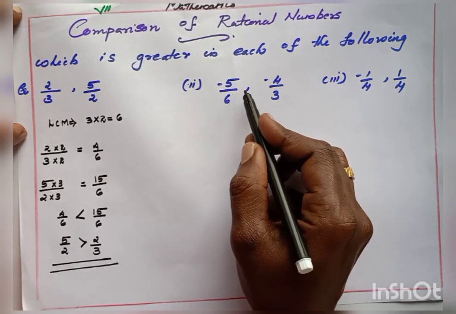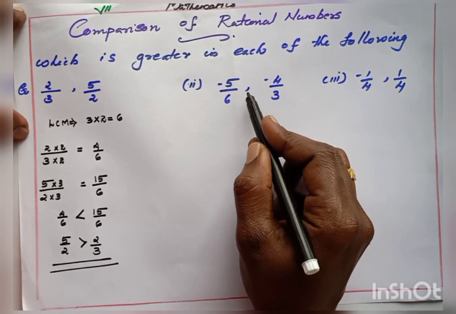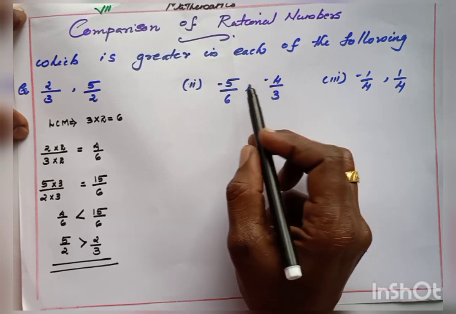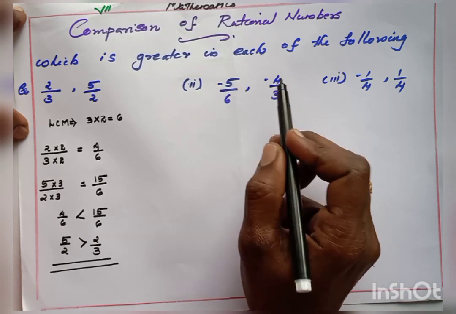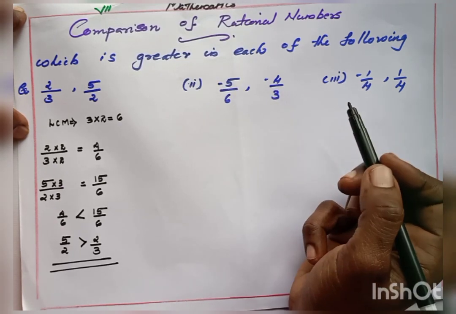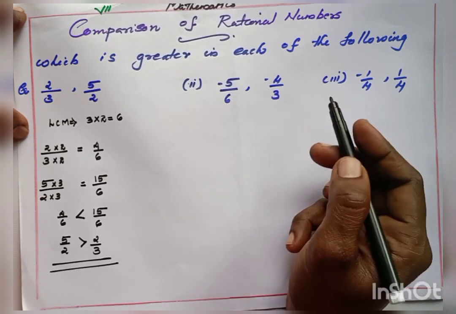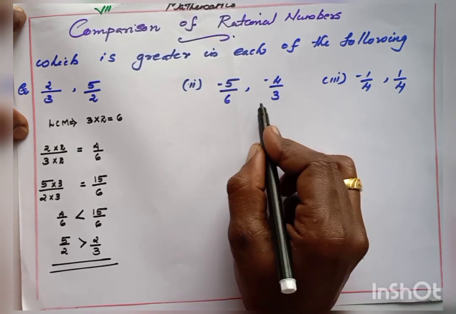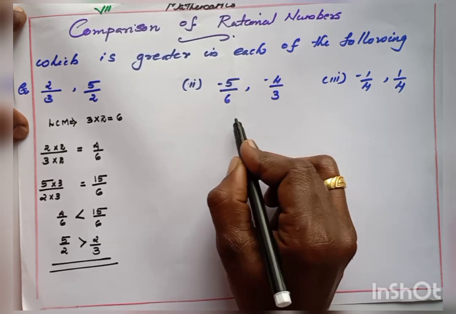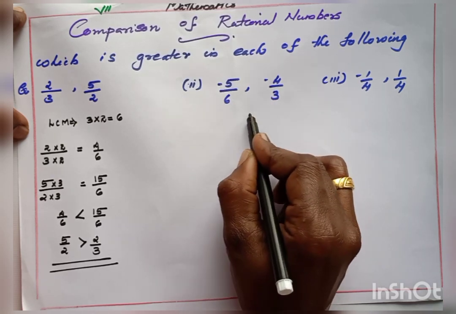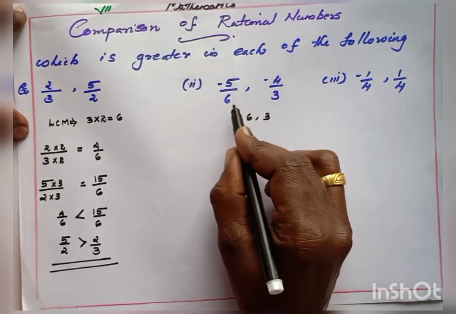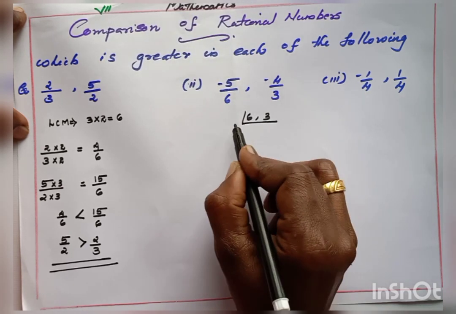Then the next question is minus 2 by 6 and minus 4 by 3. See, the numerator has a negative sign, so this is a negative rational number. The denominators are different, so take the LCM of the denominators, 6 and 3.